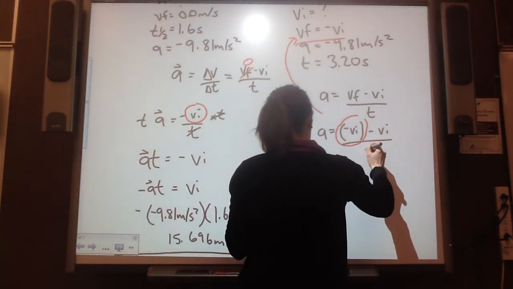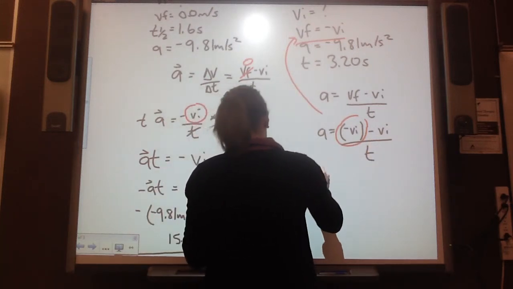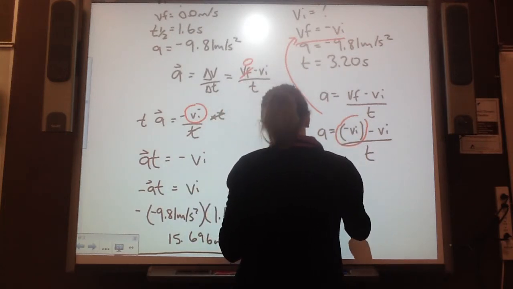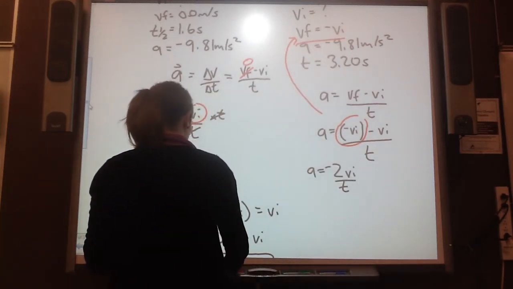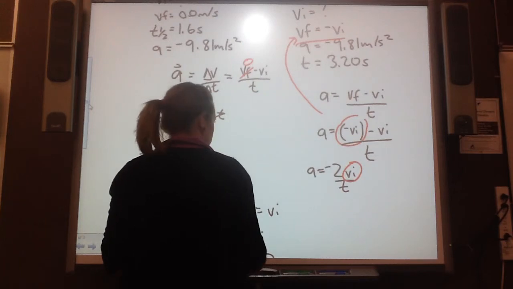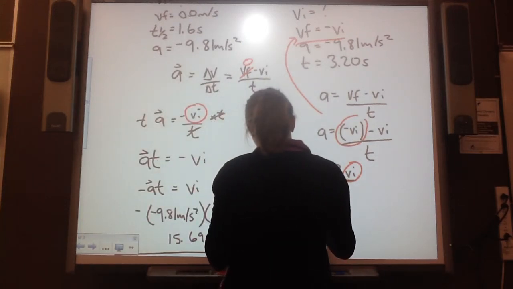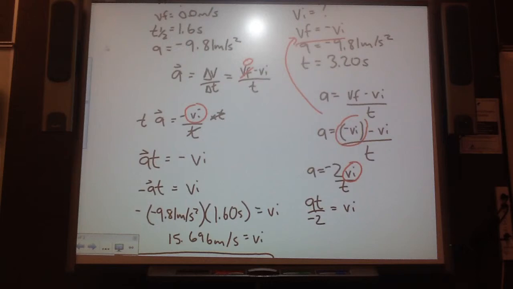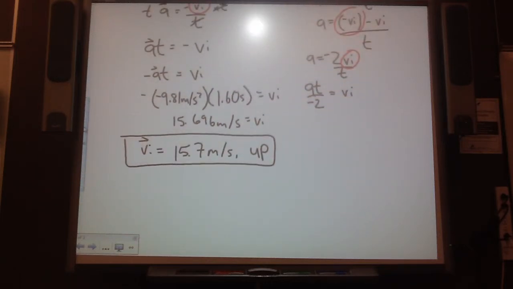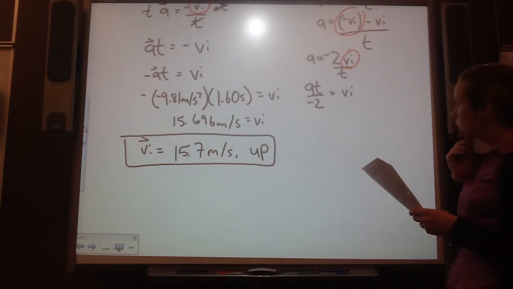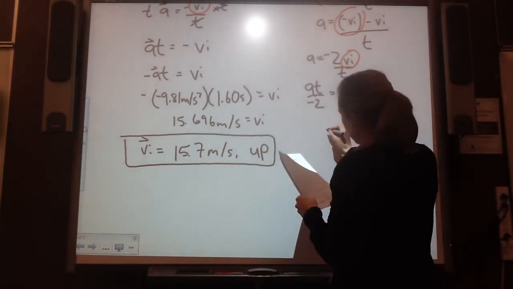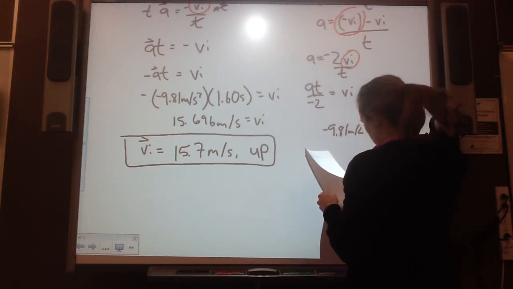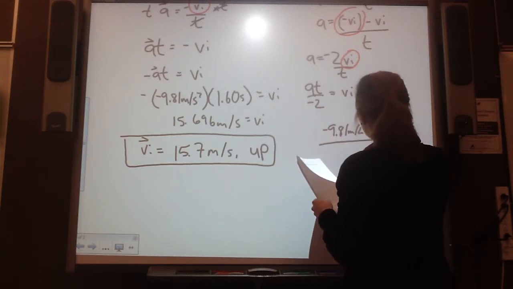So A, if we summarize this, would be equal to negative 2 VI divided by T. Since I'm solving for VI, A times T divided by negative 2 is equal to VI. So negative 9.81 meters per second squared times my T, which is 3.20 seconds, all divided by negative 2.